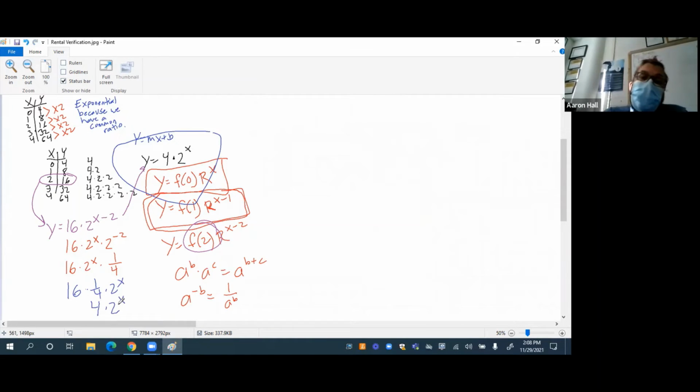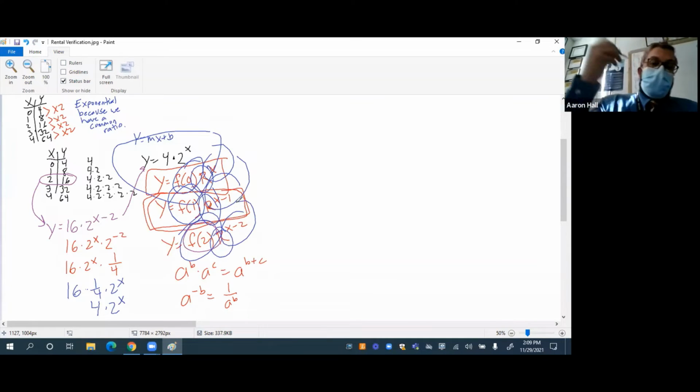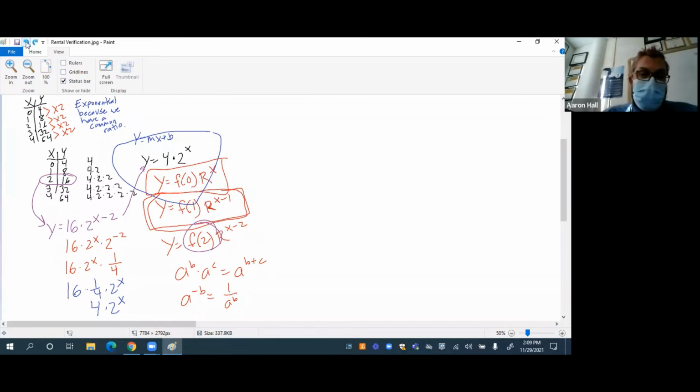Yeah, they're the same. So we can use our 0th term times our ratio to the power of x, or our first term times our common ratio to the power of x minus 1, or our second term times our ratio to the power of x minus 2, or our third term times our ratio to the power of x minus 3, and so forth. It all works out.